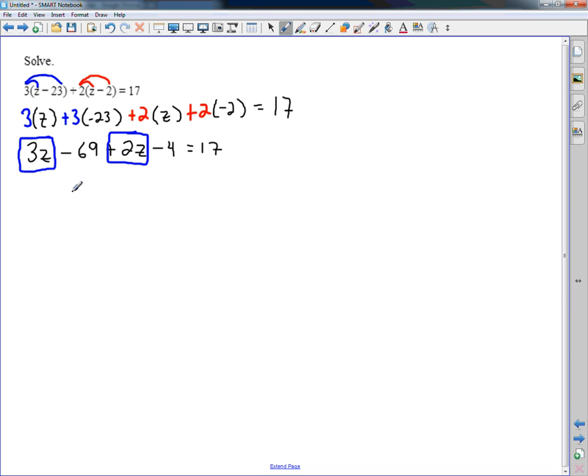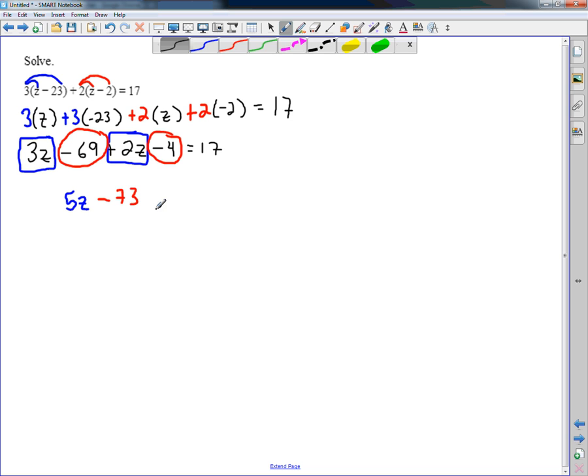That gives me 5z. I have a negative 69 and a negative 4, so that gives me a negative 73. Notice I didn't combine the 17. That's on the right side of the equal sign, so we're not allowed to combine that yet because it's on the opposite side of the equal sign.